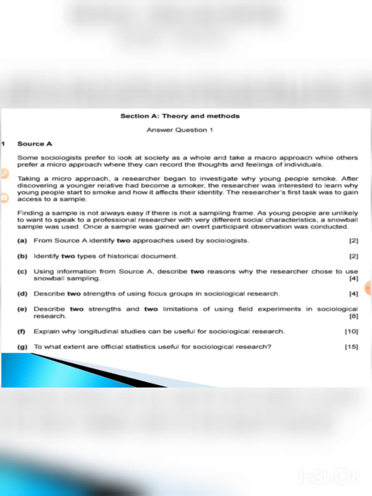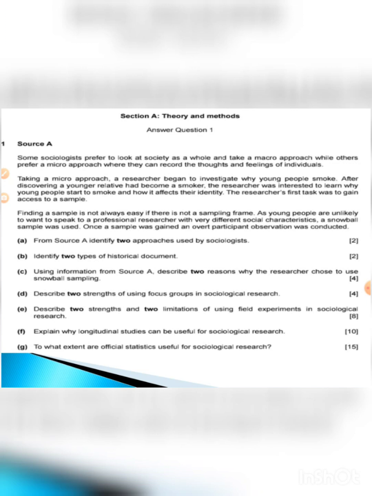Now moving on to the C part. Using information from source A, describe 2 reasons why the researcher chose to use snowball sampling. It's 4 marks, and you need to tell 2 reasons and describe those 2 reasons. You should know what snowball sampling is.